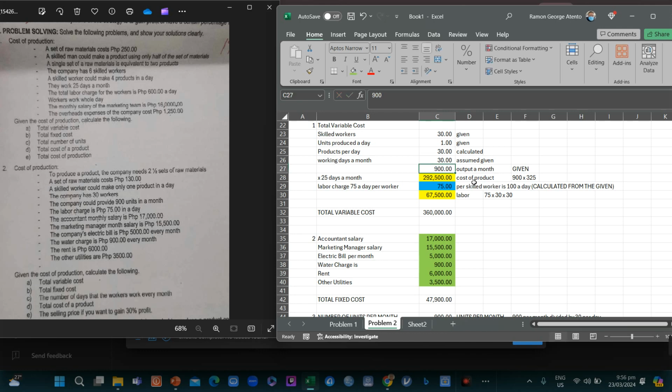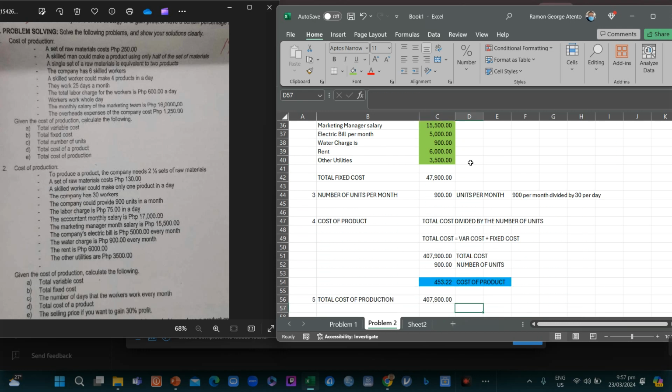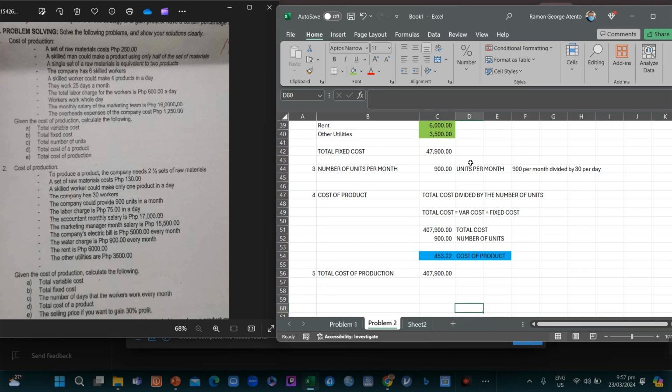If that is the given, the working days per month would be 900 divided by production per day. I hope you see that. 900 divided by 30. So I said here assumed given, but actually it's not an assumed given. It's actually what is needed in letter C. That's why I said this is topsy-turvy, because letter C should be letter A.